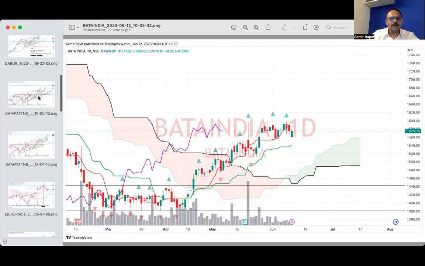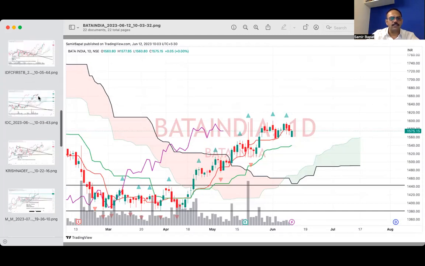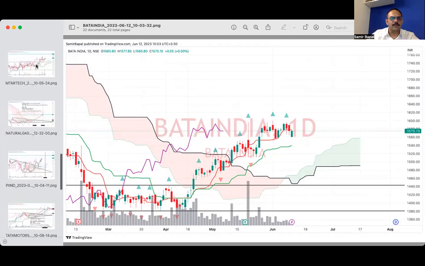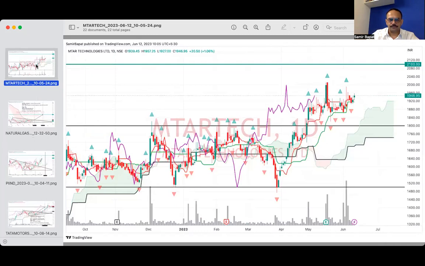Just hold on, I'll take one more rectangle if I'm able to find one. This is MTR Tech. Again, it was trapped in a band going up and down. Here we see there has to be a clean V, right? This is the low, this is the low, there has to be a clean high.